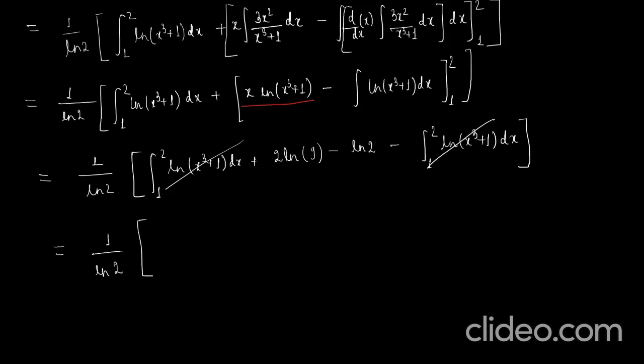After applying the log property, changing 9 as 3², the square power will come outside.